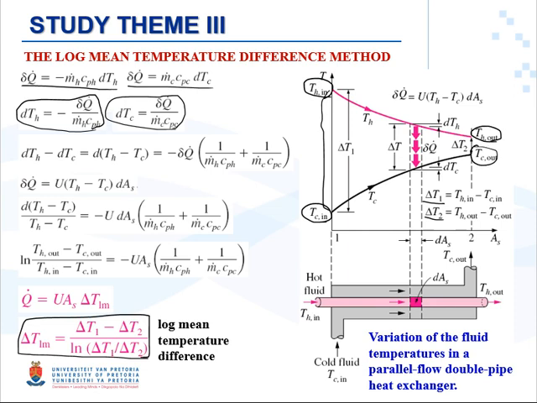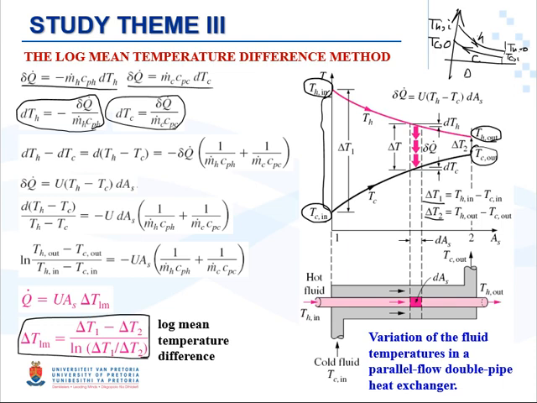So what does it mean? It means that when I have another configuration, let's say my configuration is not like this, it's like this is the hot and this is the cold. It's not parallel. What I'm going to have is T hot in and T cold out, and this is T cold in and T hot out.